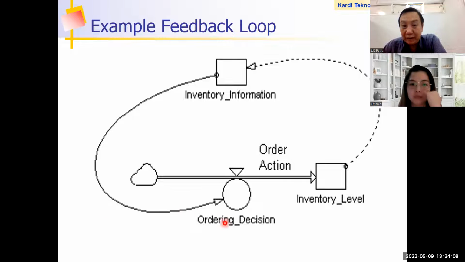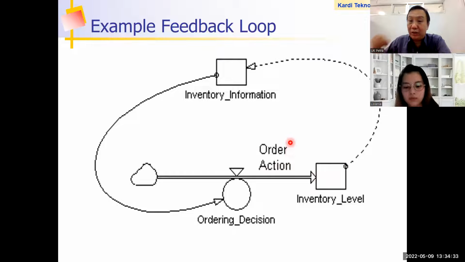For example, say you have a system of inventory. Say you have a factory or a supermarket, or a warehouse, whatever it is, your system. Say you have inventory level. Inventory level, we put it as a rectangular box like this. Now, what is the action? Of course, the action is to order, right?